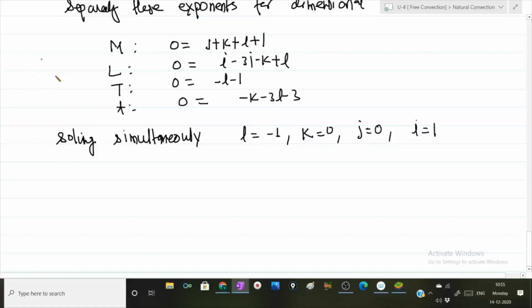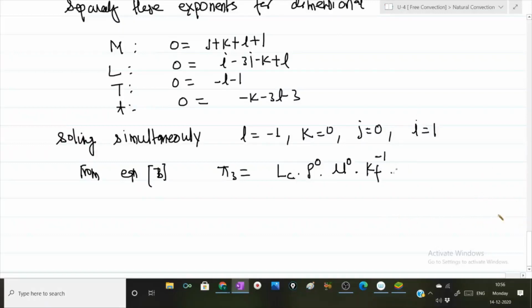Putting the values of these four exponents i, j, k, l into equation 3, pi 3 will be L to power i, means Lc, second is rho power j, that means rho power 0, third is mu power k, 0, and final Kf power l, is minus 1.